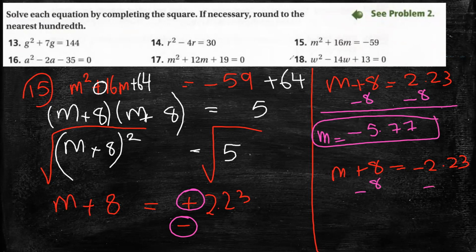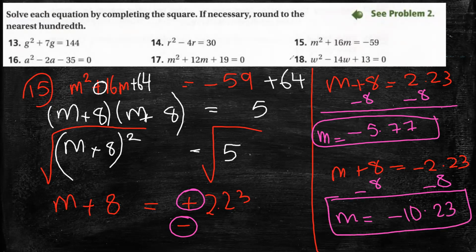And negative 10.23 is the second root. So the two roots for this quadratic equation are m equal negative 5.77 and m equal negative 10.23.